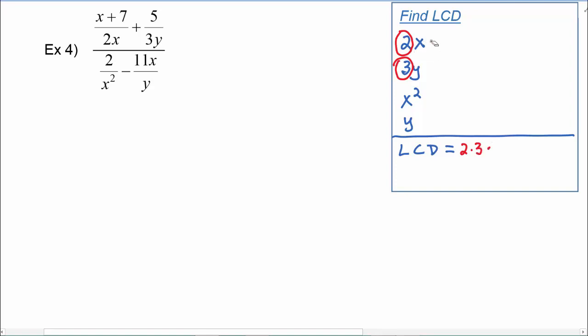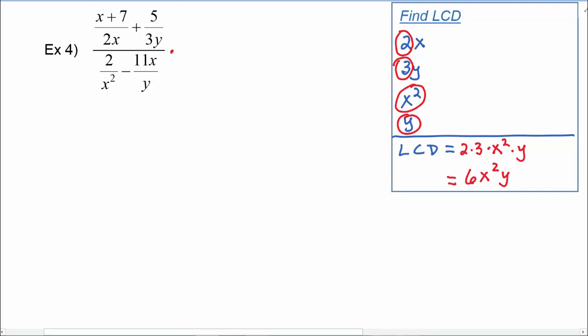We see we have an x variable here, but down here we have an x squared. So then we'll need to put x squared in the LCD. And then in 3y and in y, the y is to the first power, so that will be part of our LCD. So our LCD is going to be 6x squared y.